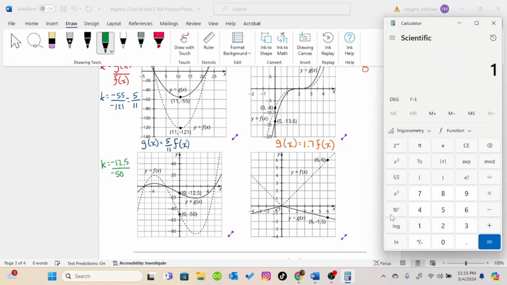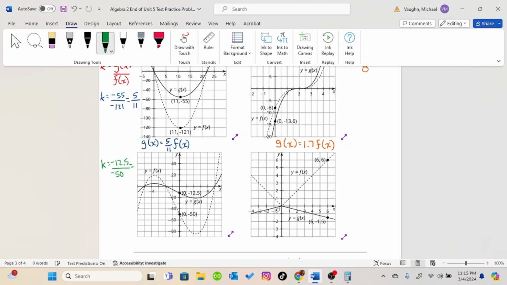And negative 12.5 divided by negative 50 equals 0.25, which is 1/4. So when we write this in function notation, we say g of x equals 1/4 times f of x.